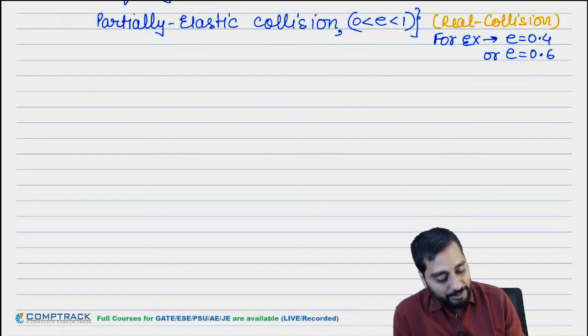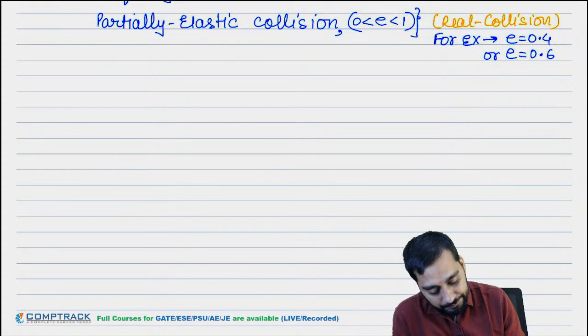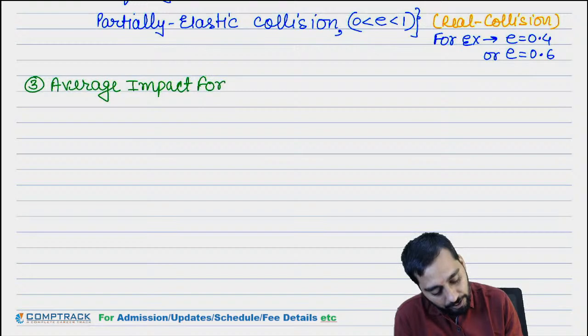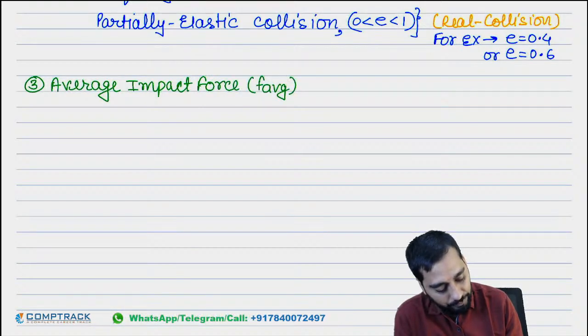Next, what they ask in this third thing, they will ask you about the value of average impact force. So how will you calculate the value of average impact force?